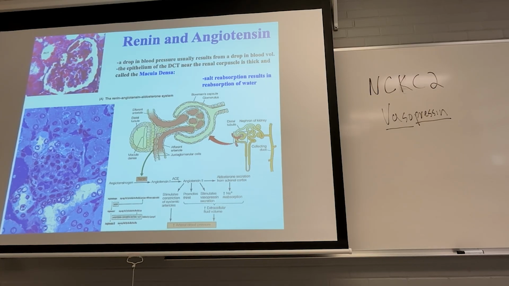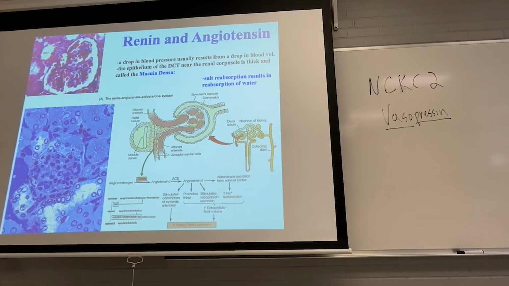And if you think about it, it's in the perfect place, because these complexes together, the macula densa and the juxtaglomerular cells, it's called the juxtaglomerular apparatus together, is in a great place to monitor, isn't it?